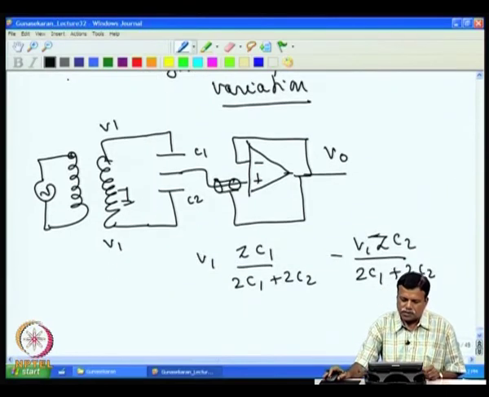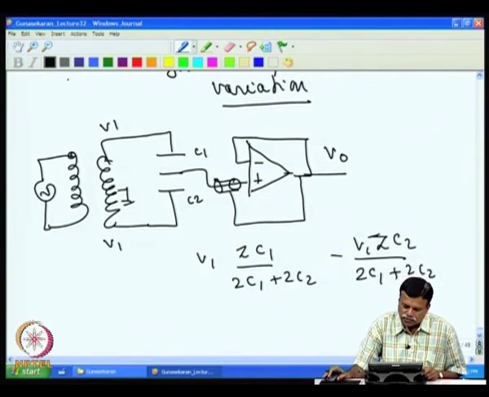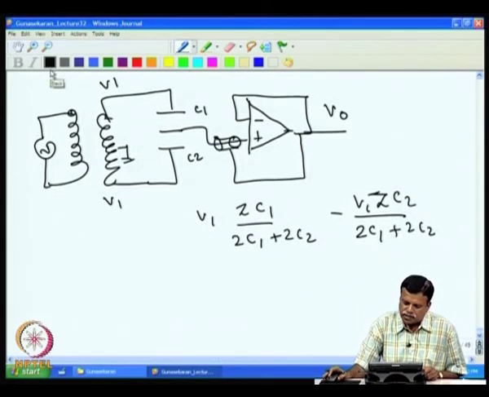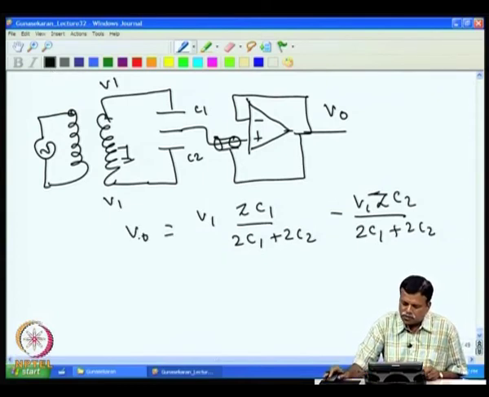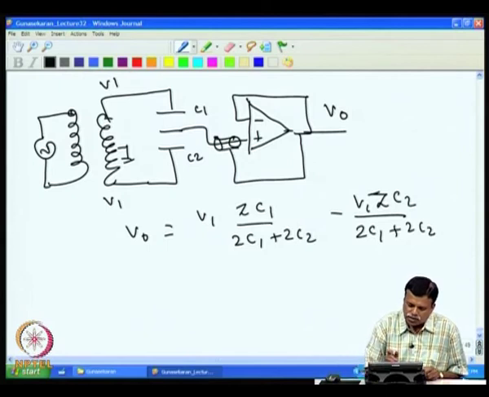Now, it is similar to what we had, except that here it is V naught. Now, we can show that this is also non-linear.